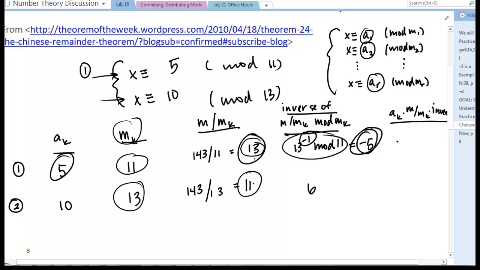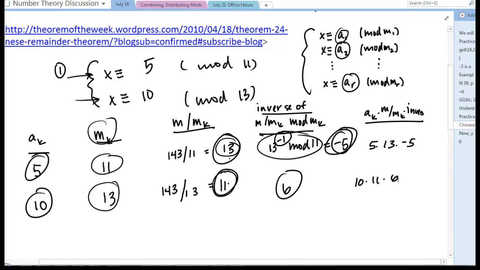And I'm going to take 10 times 11 times 6. And then I'm going to add those values up and take the sum of those. And actually, this will be pretty much our solution. I'm just going to take it one more step.